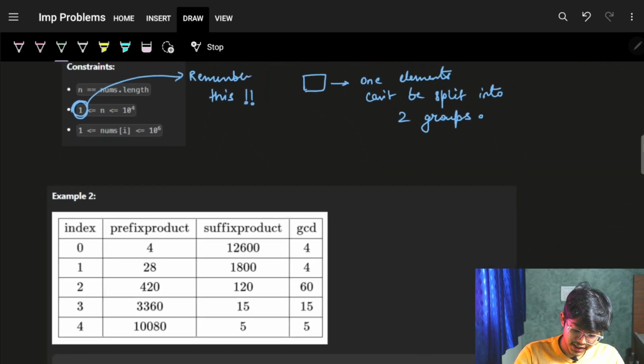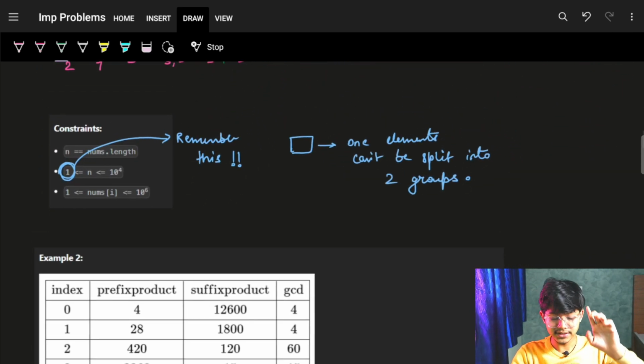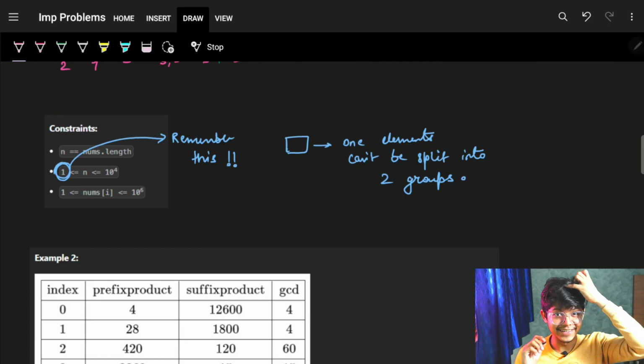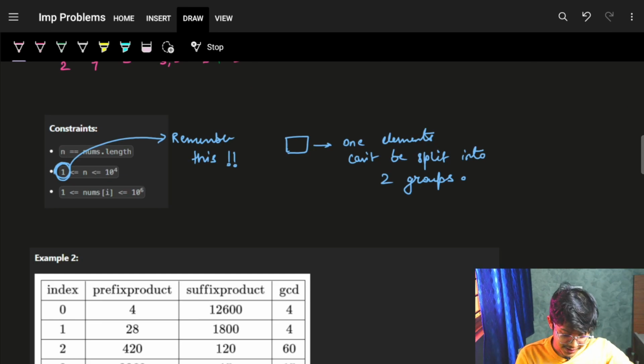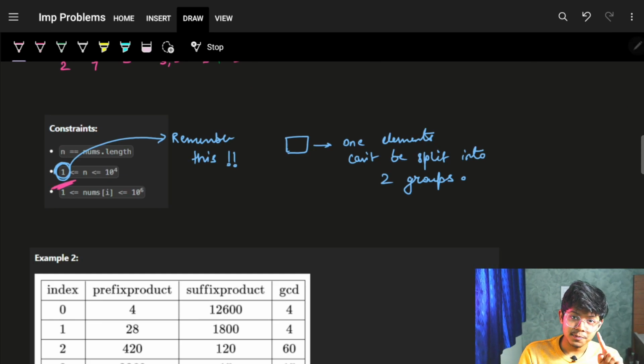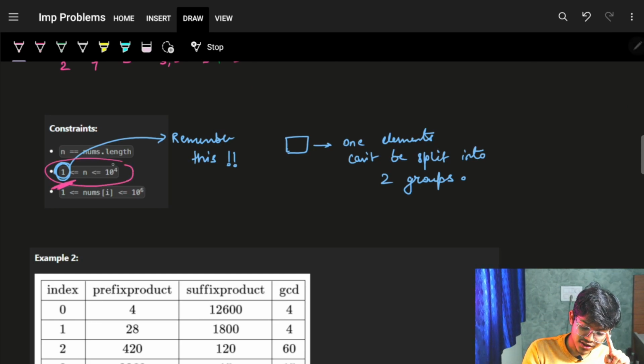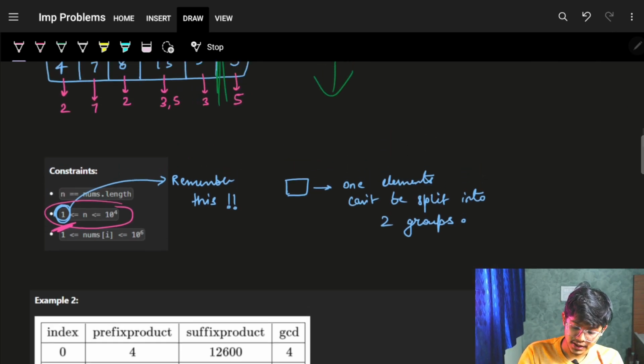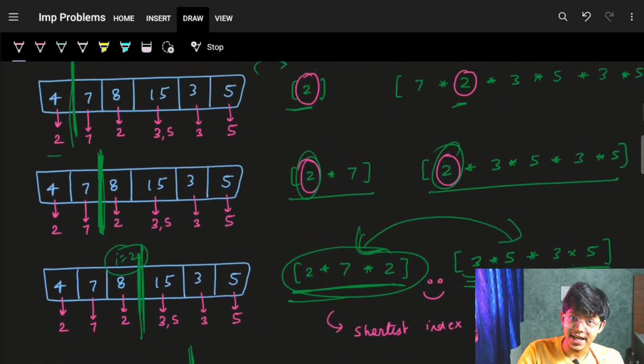Now let's see another example. And before going to the next example, one thing which I missed, and it was a big thing while doing the contest, I just missed this one. See, n is constrained from 1 to 1e4, right? Which means that n can be 1, and it can have one element.